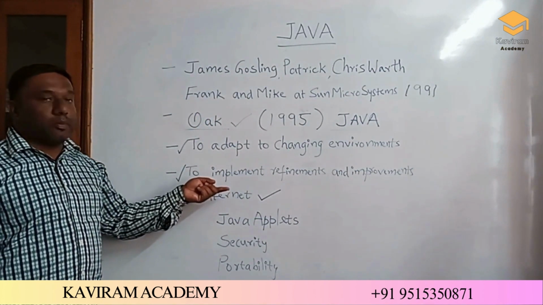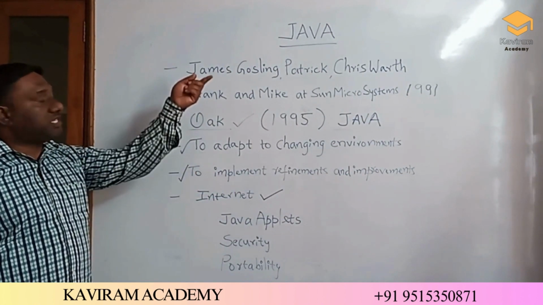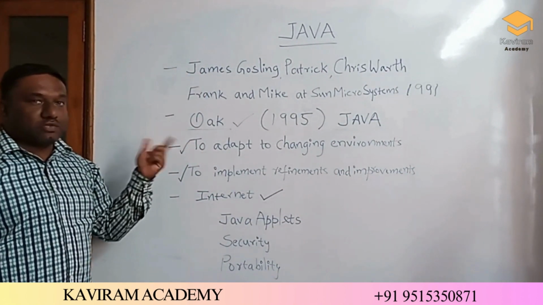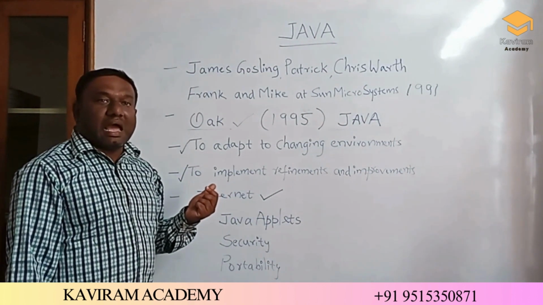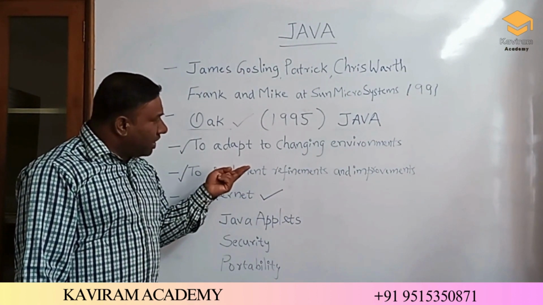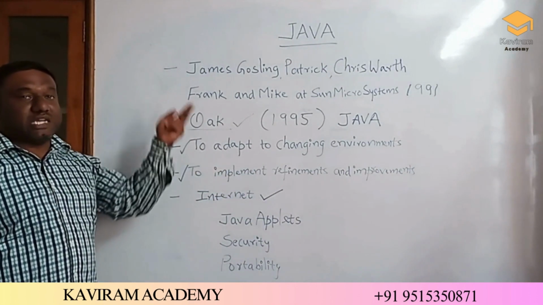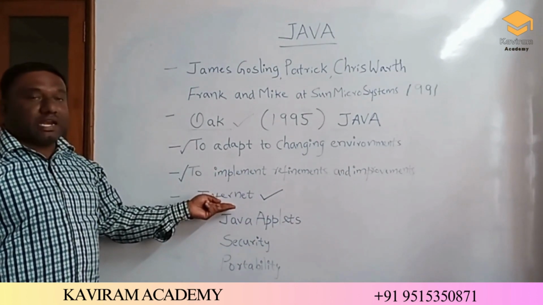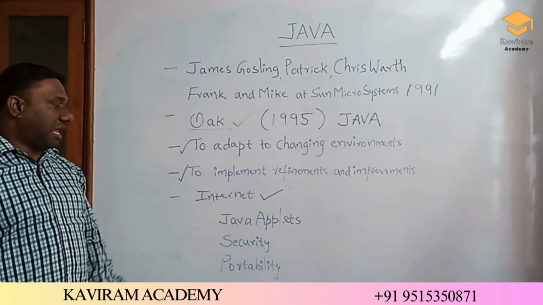Internet concepts, that is web-based programming, were introduced in Java. Web-based programming is not supported by C or C++, so an extension programming language was created, that is Java. All the internet features and web-based applications are supported by Java.